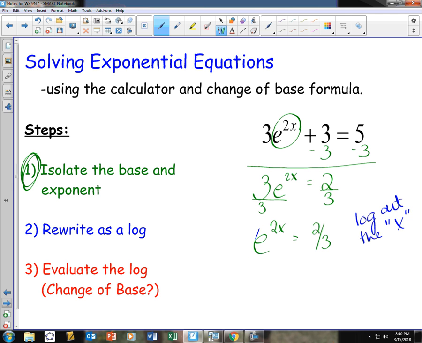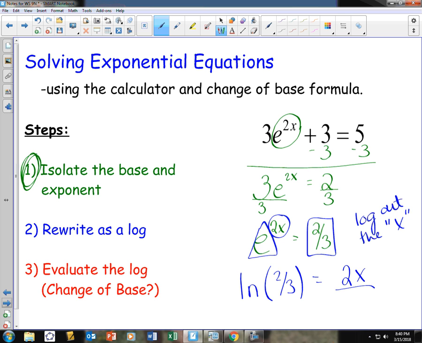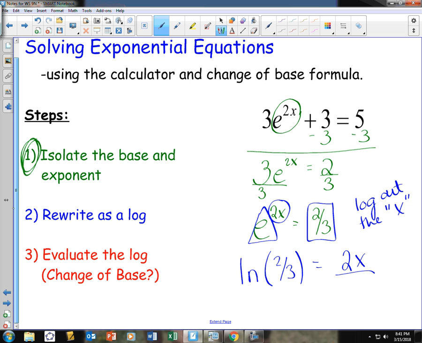Boom, boom, boom. And just rewrite it as a log. So this would be natural log of something. A log is an exponent, so I know that the exponent goes right here, and then the 2/3 goes right here. And so now this is something where I can turn to my calculator to help me evaluate.